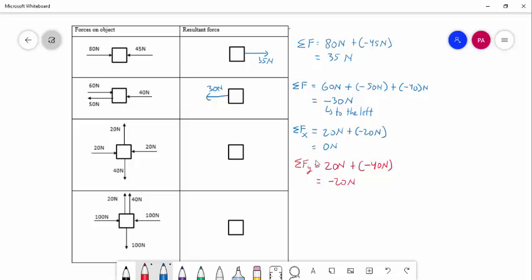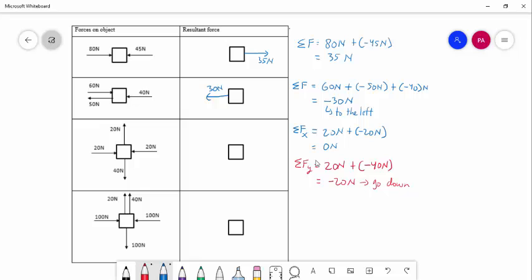If we find the resultant force is 0, that means there is no arrow from or to the object. But here, on the y-axis, we have negative 20 Newton. That means the direction is go down.